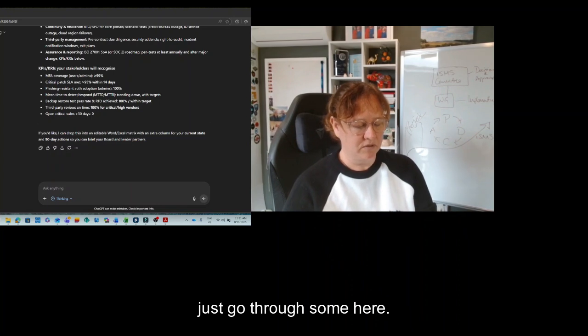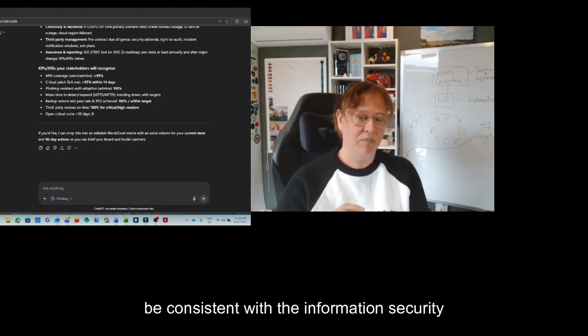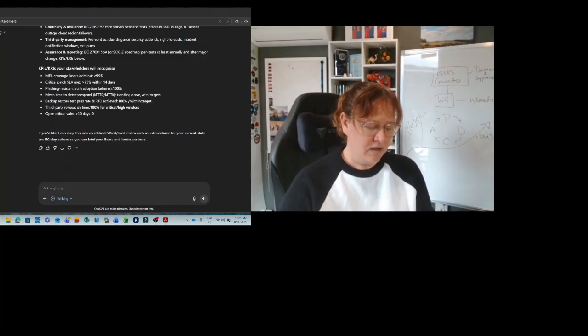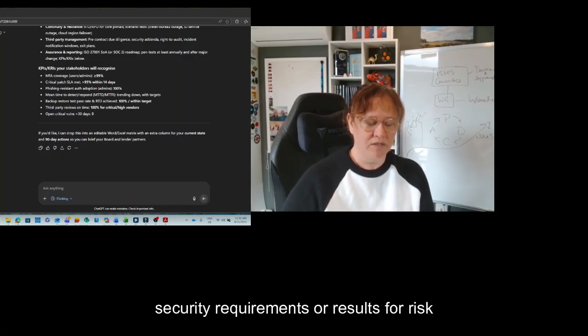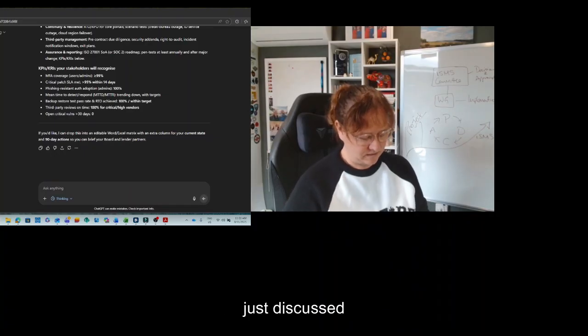So I'll just go through some here. It says the information security objectives shall be consistent with the information security policy, so it needs to be aligned, be measurable, take into account applicable information security requirements and results from risk assessment and risk treatment, so everything that we've just discussed.